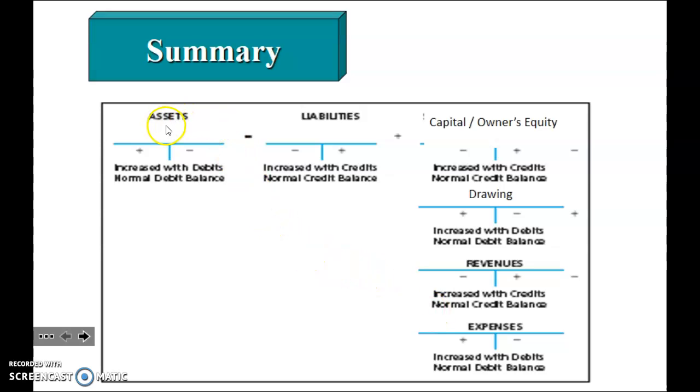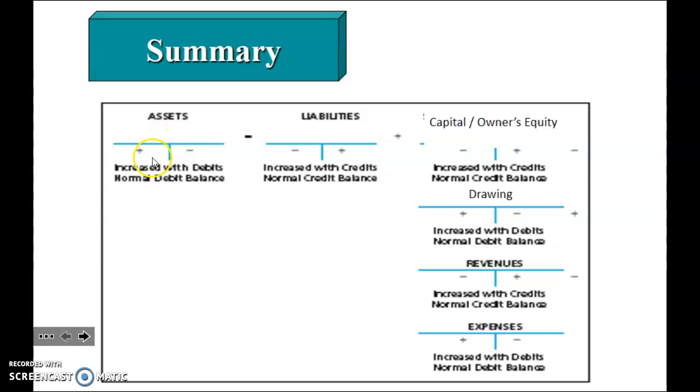Let's look at assets. Remember, assets are anything of value that a company owns, like a car, equipment, or a computer. Think of the T account, and of how we were working with journals right before Christmas.